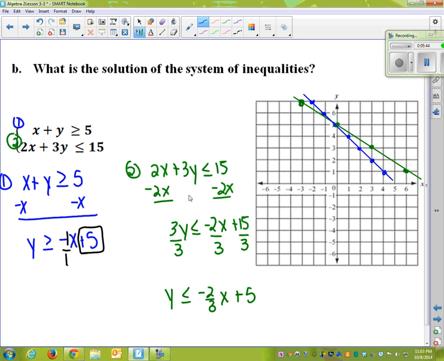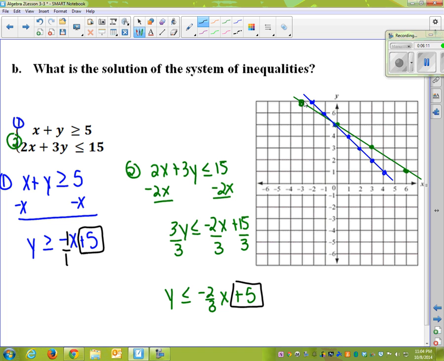With my green line, subtract the 2x over and then divide by 3. That gave me a y-intercept also of plus 5. And this time my slope was negative 2 over 3. So starting at 5, I went down 2 and to the right 3 to graph my next line. I also went up and to the left.